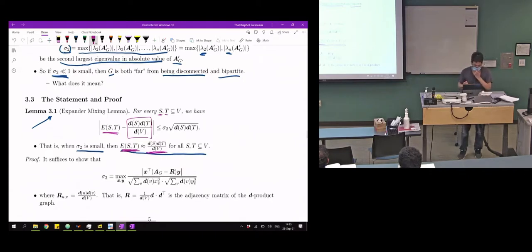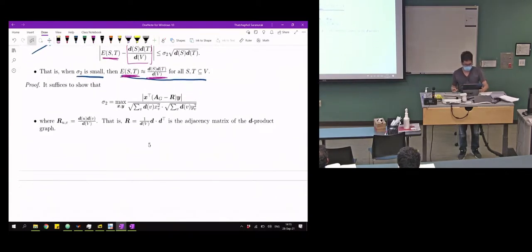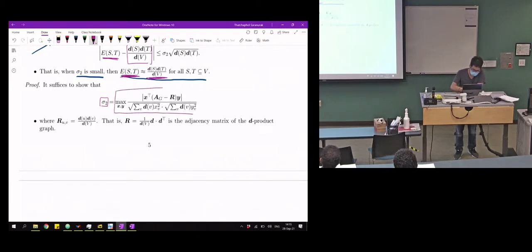Okay, so now let's prove it. What we will prove is to show that sigma 2 can be written in this way. Let's look at it.